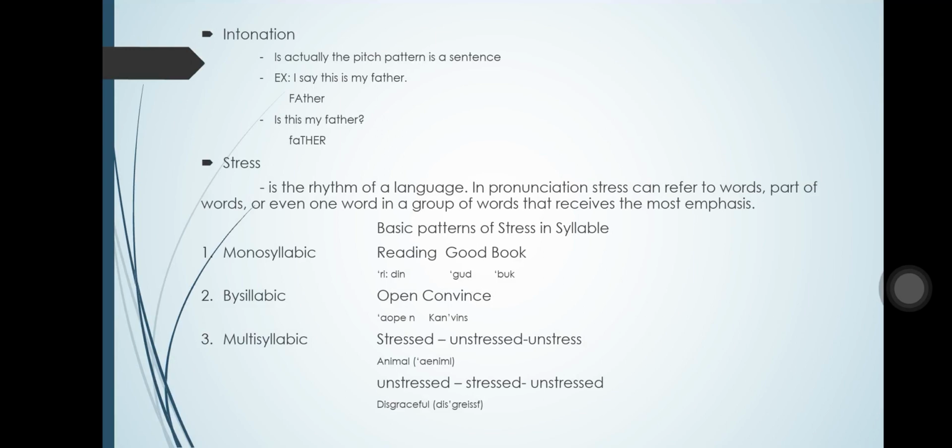So for example, in the word animal, I have here a guide which is stress and unstress and unstress for animal. So the a is stressed, and then the rest is unstressed. It will read as animal, animal, animal.